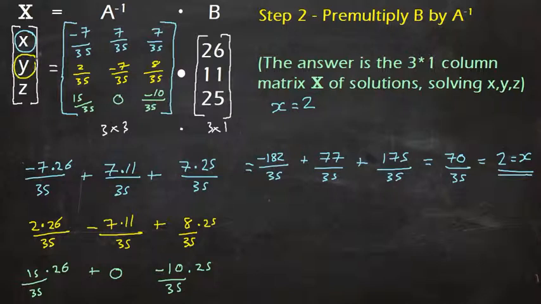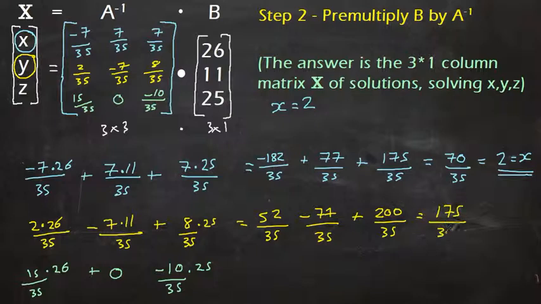Now to solve for y, 2 times 26 over 35 is 52 over 35, minus 7 times 11, minus 77 over 35, plus 8 lots of 25 is 200 over 35. 52 minus 77 is like 77 minus 52 with a negative sign, so that's minus 25 plus 200, so that's positive 175 over 35.